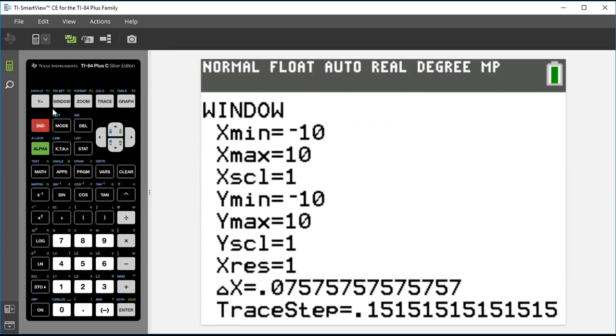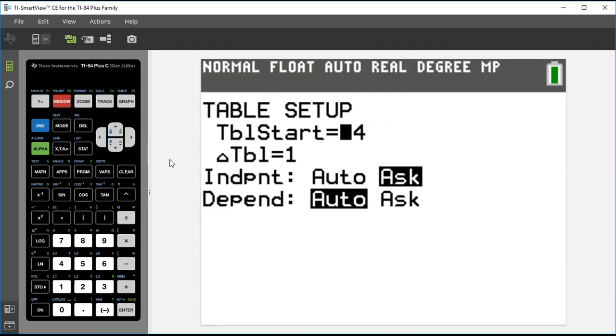Hit second window, and what you need to do is change your independent variable to ask. And now go to your table.